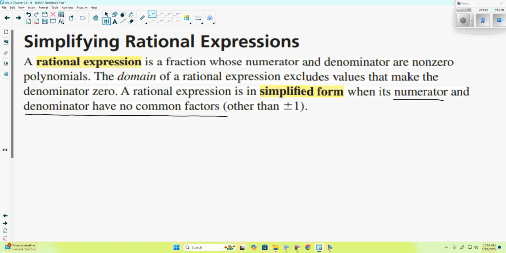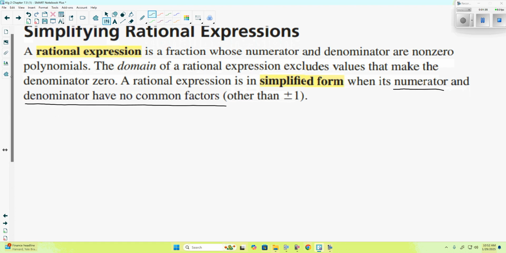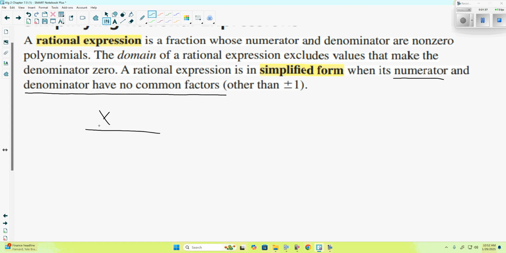Now, there is one thing we do have to be careful with, in the top or bottom of a fraction. When we have two terms being added or subtracted, we need to treat them as a single term, a single expression. So even though we do have 2 on top and bottom, because of that plus, the x plus 2 is stuck together. It's one expression, it's one part of the term.